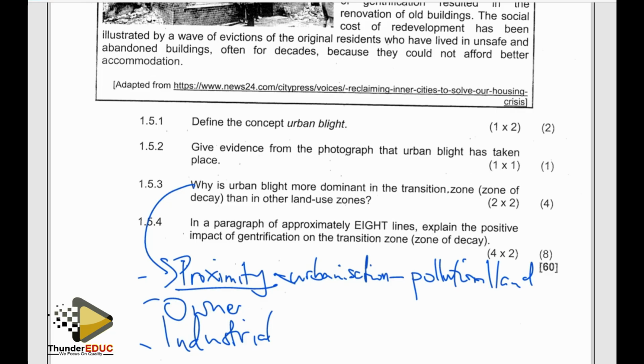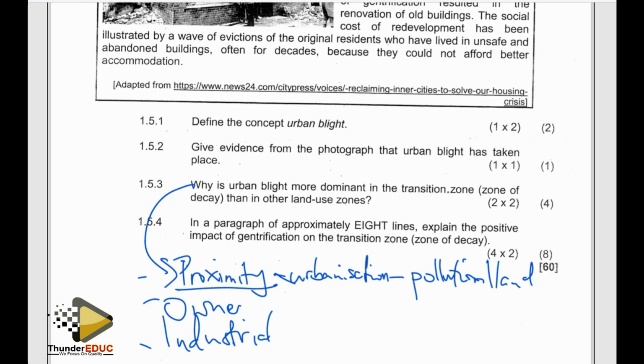And given now that there is some situation of industrial decline, if the industries are declining or they are relocating to some other places, it means those buildings that were previously occupied by the people who were working in the industries are now being abandoned, because the people are also moving following their source of employment. If the company is relocated from that particular settlement, it was the major company which was having people working for it and staying in that zone, and the company is relocated. It means automatically those people cannot be easily replaced, and those buildings will end up being neglected and will end up facing a state of deterioration.